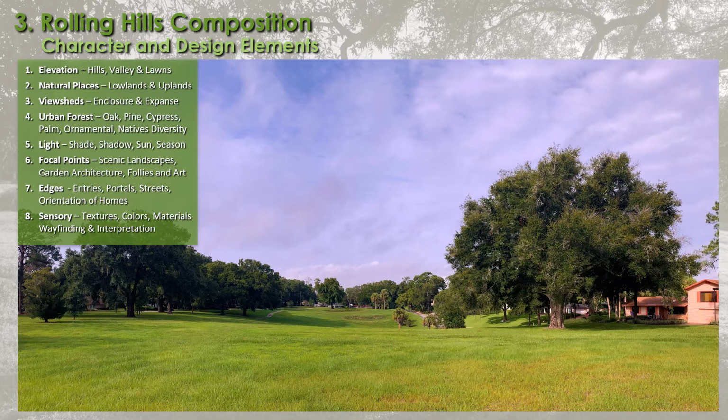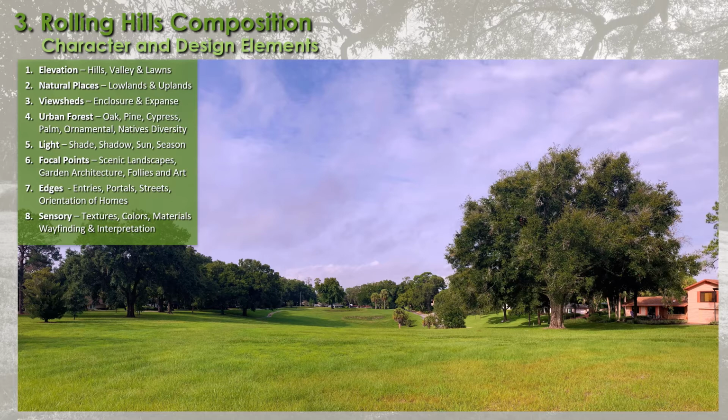So backing out of the previous image just a little bit, we really get the full view of Rolling Hills Park, and we get a sense of what the compositional elements are that we get to work with. We've got elevation, hills, valleys, lawns. We've got natural places, lowlands with cypress and water edge plants, but we also have uplands with stands of longleaf pine, live oak hammock.